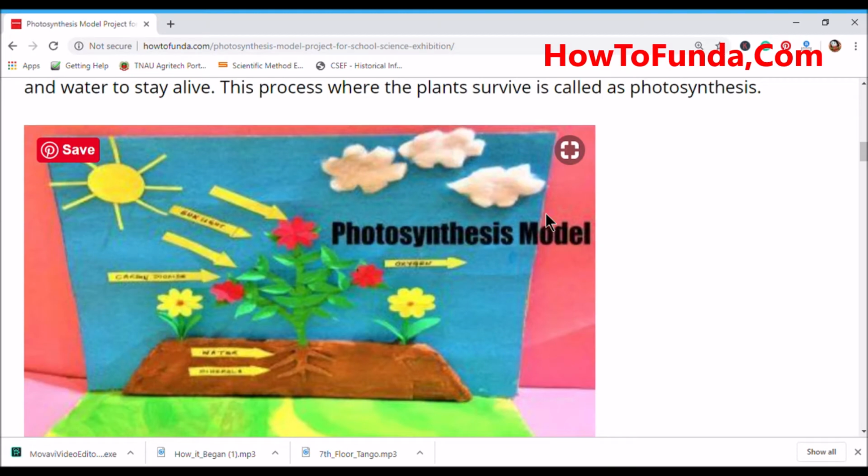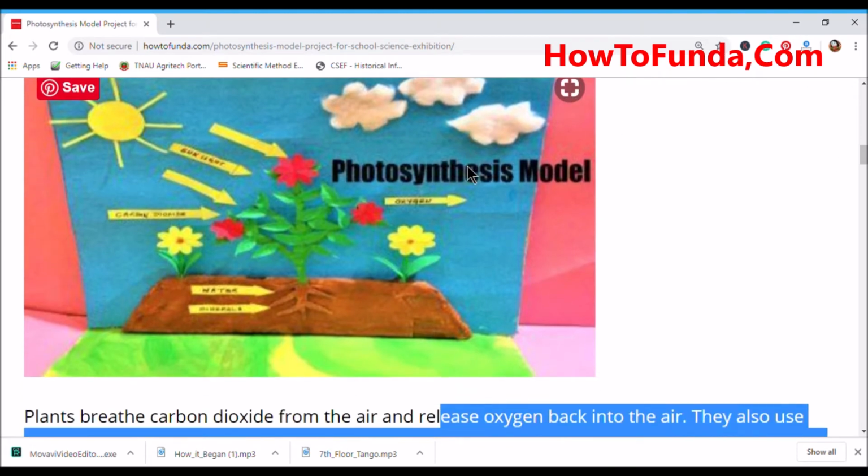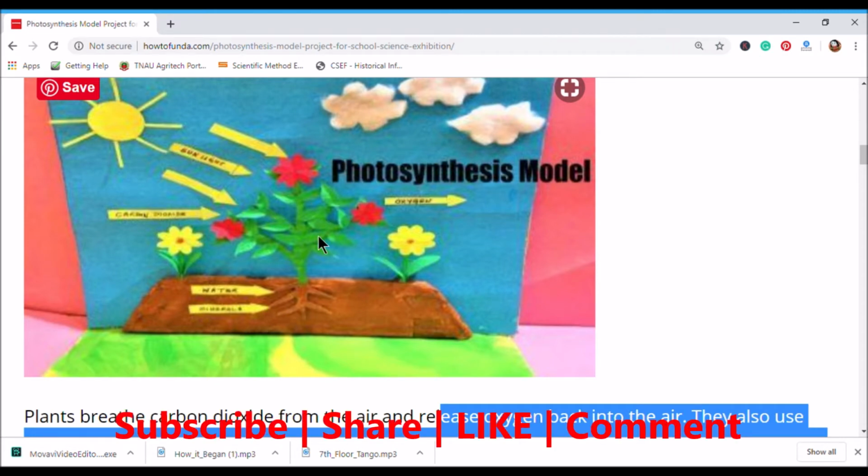Let's understand how the whole photosynthesis is going to work. The plants require sunlight, carbon dioxide, water, and minerals to stay alive. So these are the four important ingredients for the plant to stay alive.